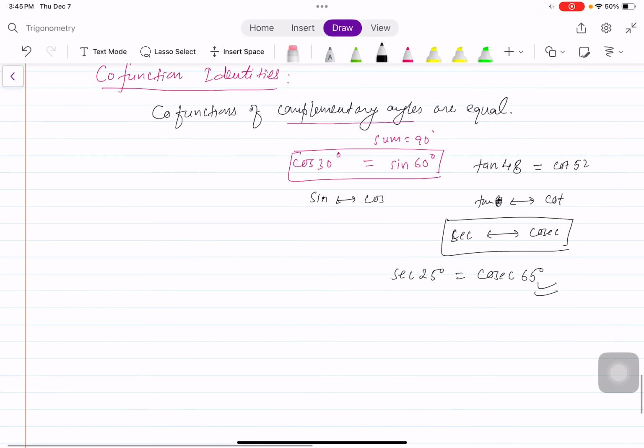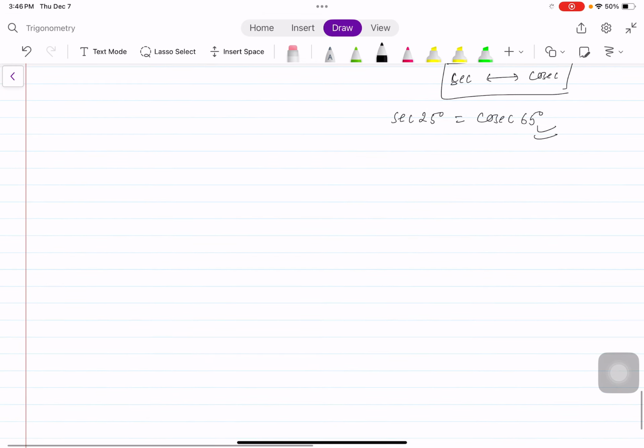So in short, if we summarize this story, sine theta will be equal to cosine of 90 degrees minus theta, and the other way around, cosine theta will be equal to sine of 90 degrees minus theta, or pi by 2 minus theta.